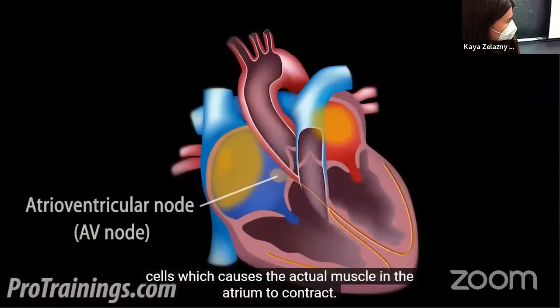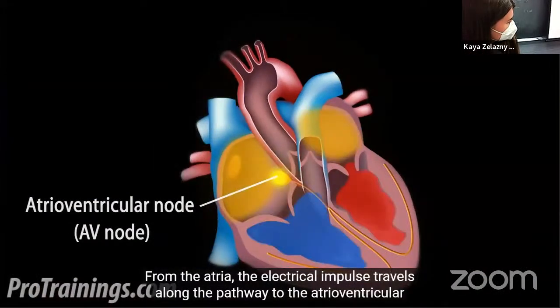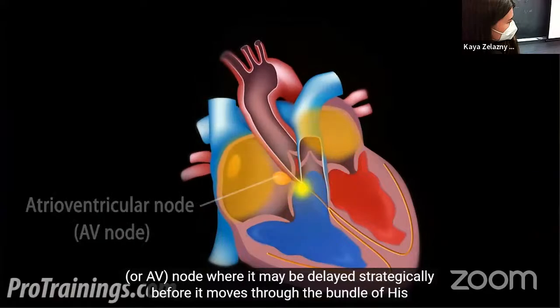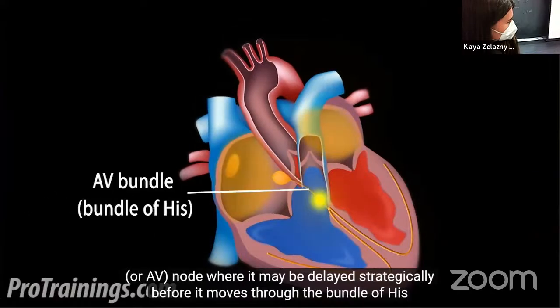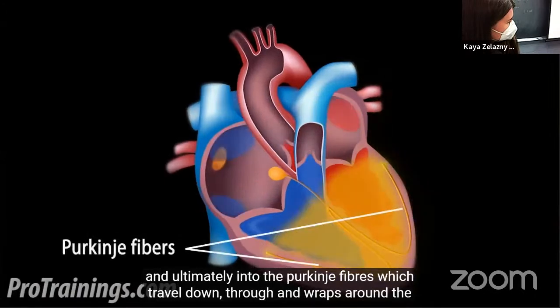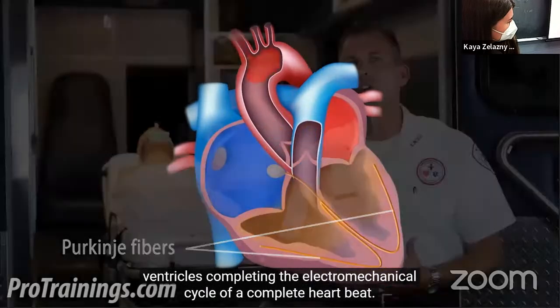From the atria, the electrical impulse travels along the pathway to the atrioventricular or AV node, where it may be delayed strategically before it moves through the bundle of His and ultimately to the Purkinje fibers, which travel down through and wraps around the ventricles, completing the electromechanical cycle of a complete heartbeat.